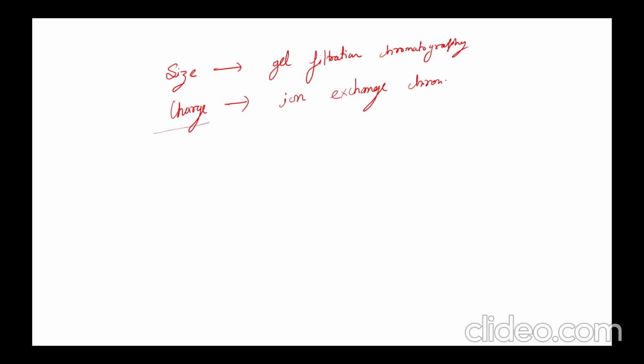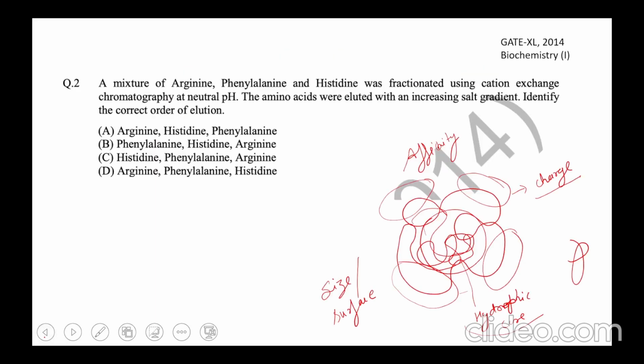For size I'll opt for gel filtration chromatography, because it sorts proteins according to their size. If I need to purify depending upon the charge, then I'll opt for ion exchange chromatography, because it uses the charge of the protein in order to separate it from a mixture of proteins.